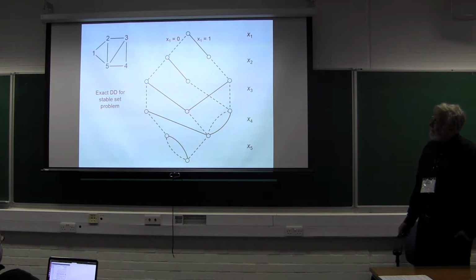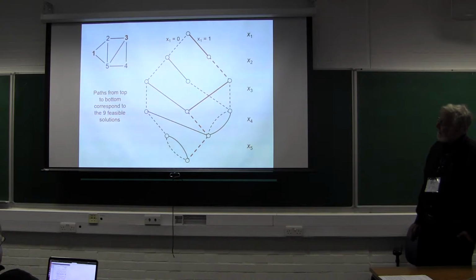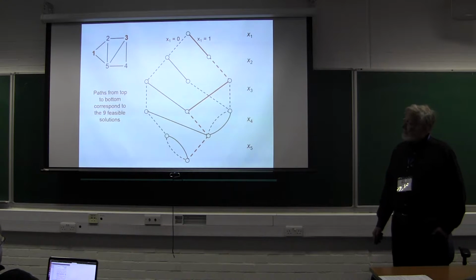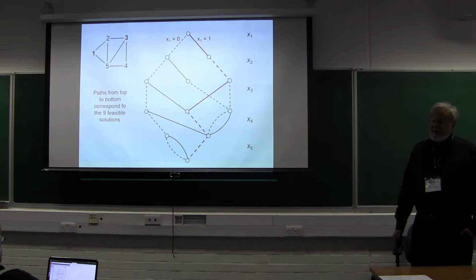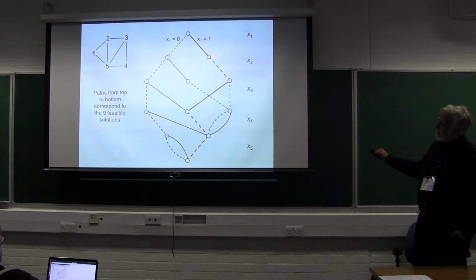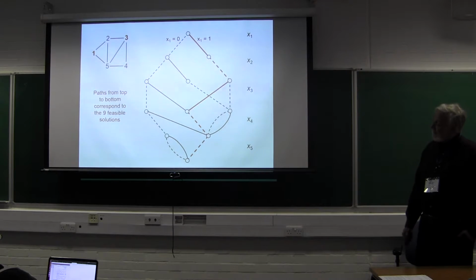Every branch indicates that you either exclude or include the corresponding vertex in the stable set. And every path corresponds to a feasible solution. So here, for example, we're choosing vertex 1 and 3. 1 and 3 are non-adjacent, so that is a stable set for the problem.